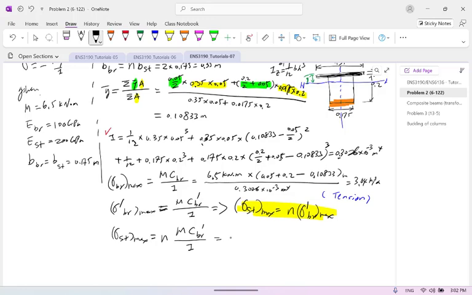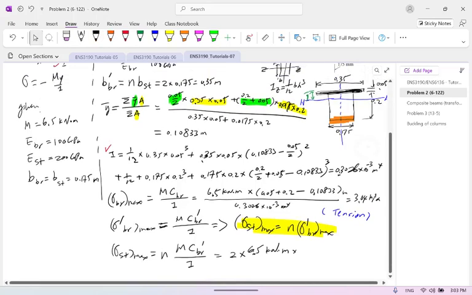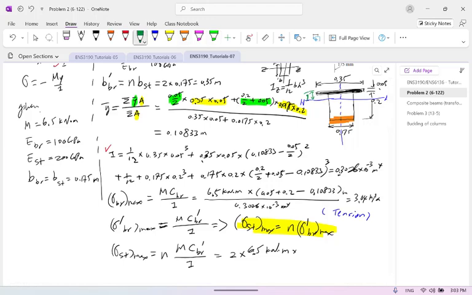So this is equal to 2 times M, which is 6.5 kilonewton meters, C max on the top side, okay, here, on this side.